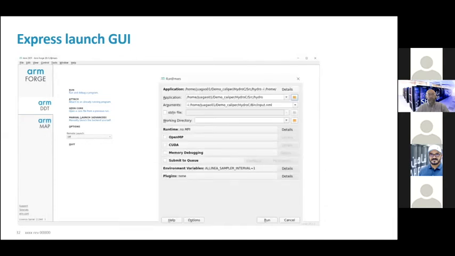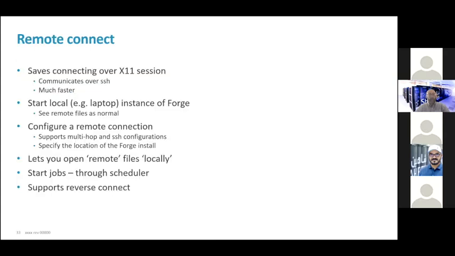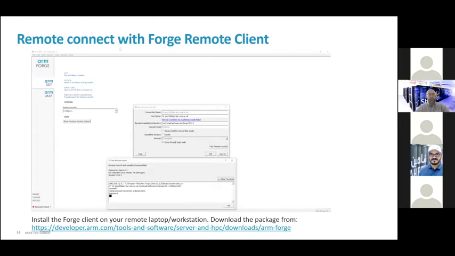When you press on run, you have to select the application. You can pass the arguments. You can select memory debugging, CUDA, and you can also change the MPI version that you're using. In Remote Connect, I will say quickly that you'll have the configure window from remote launch.